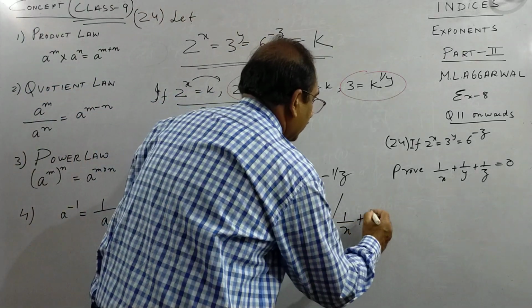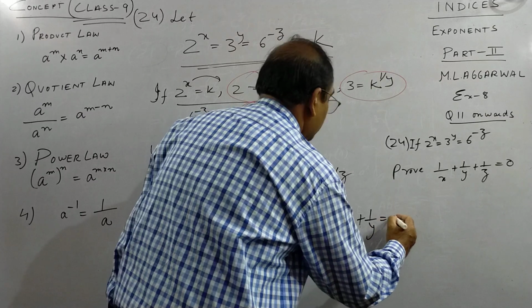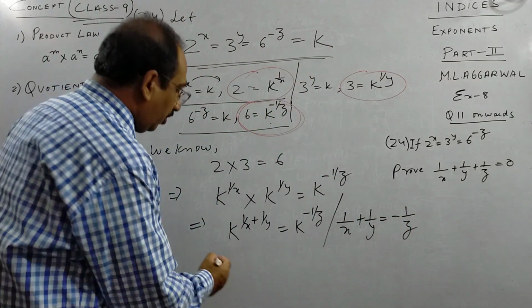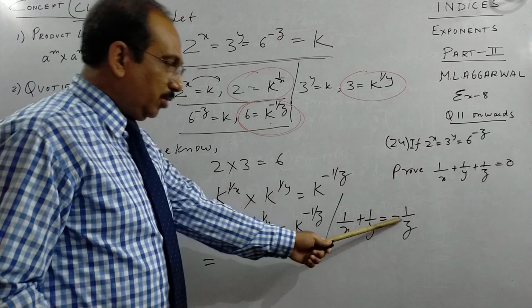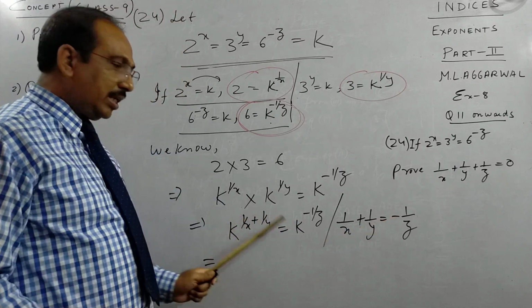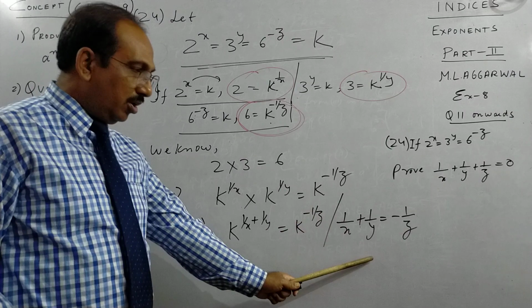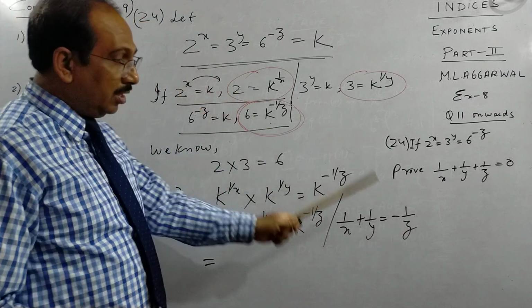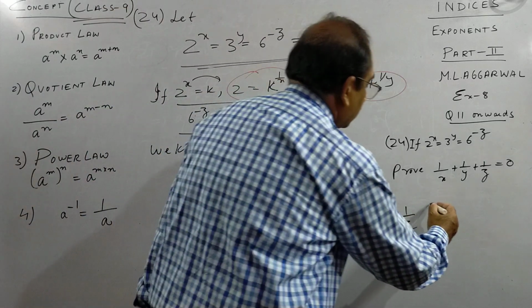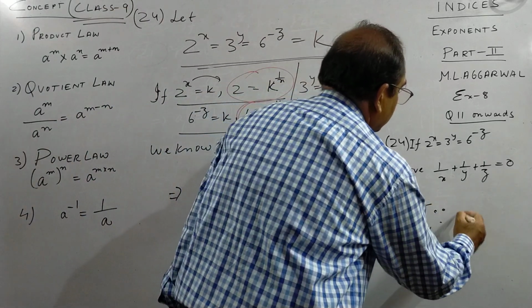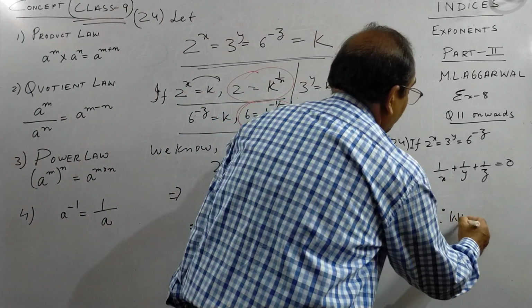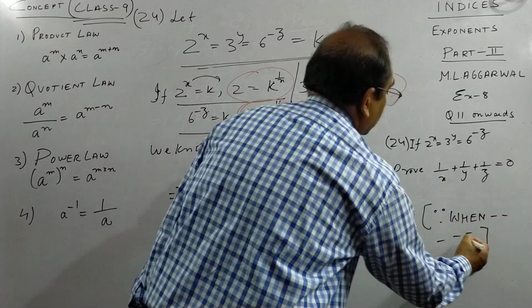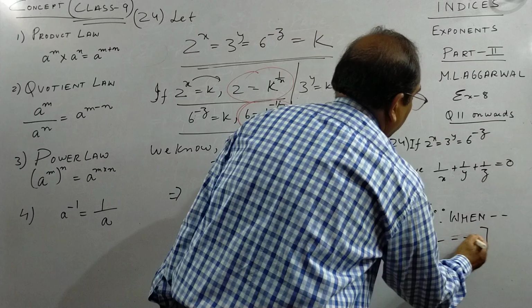So 1 by x plus 1 by y is equal to minus 1 by z. I'm not writing the reason, you just see previous question 22 where I wrote it, same reason you will write here, since when bases are equal, then powers are also equal.